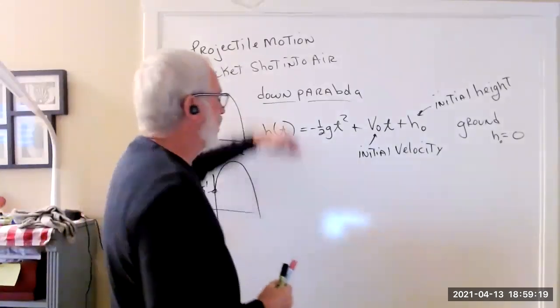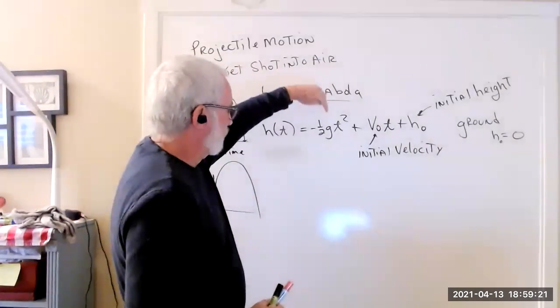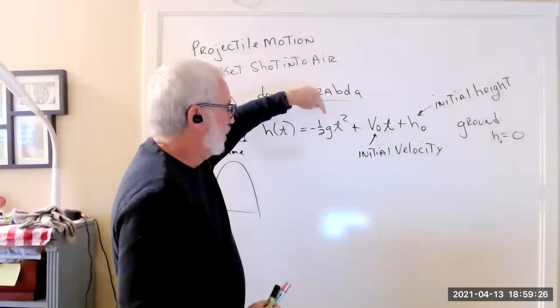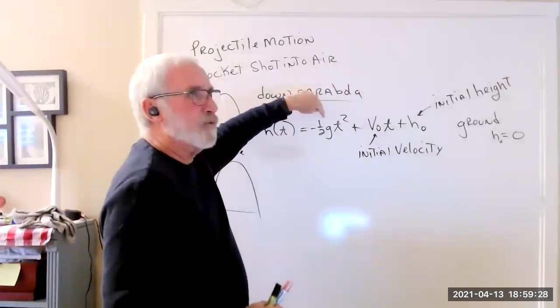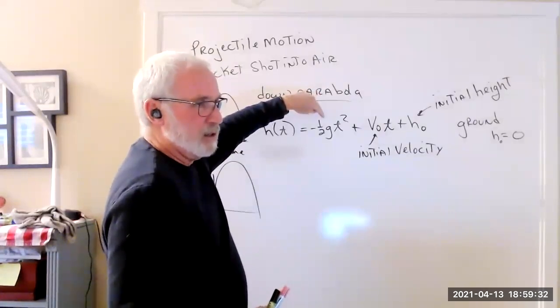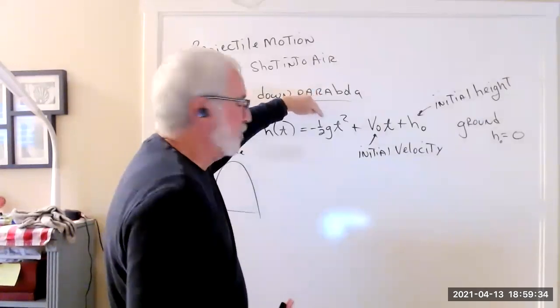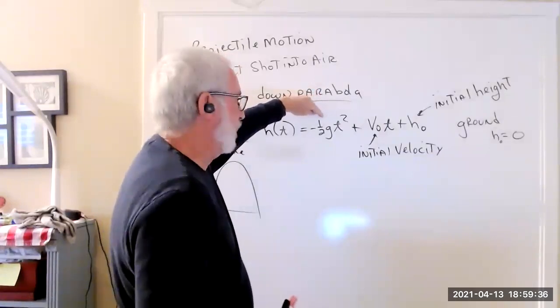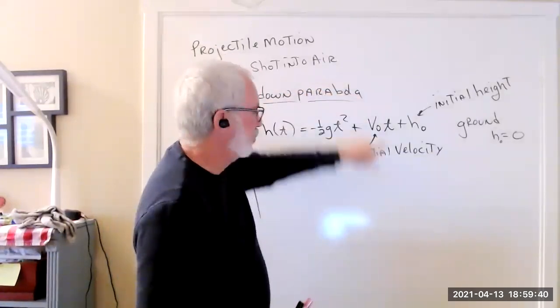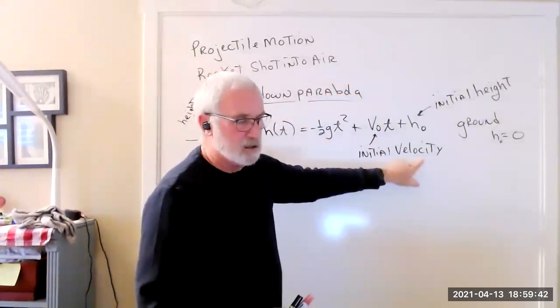So coming back to here, the thingy in front stands for the force of gravity, how gravity affects everything. Newton is the guy you can blame for this. He's the guy who figured all this out. V naught or V sub 0 is the initial velocity.